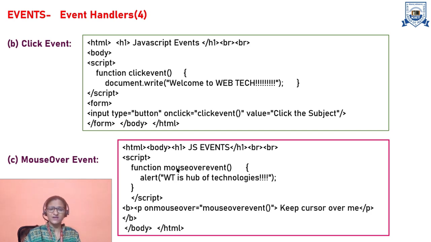And what is written here? The mouse over event shows an alert, and the message "WT is a hub of technologies" appears. This alert message will appear only when we move the mouse over that particular element.